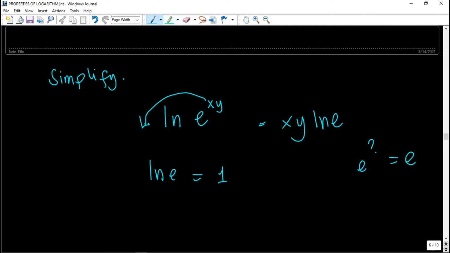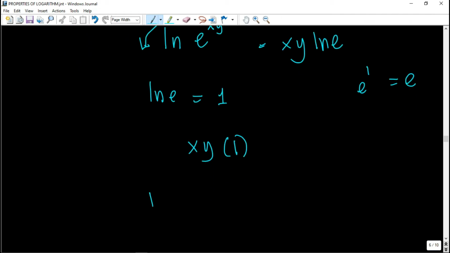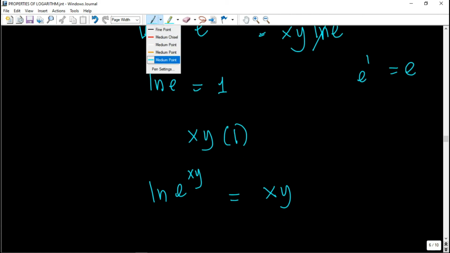Of course, that is 1. So therefore, ln e is just equal to 1. So xy times 1. Therefore, ln e raised to xy is just equal to xy, because the expression here is just 1. So this is the final answer for this problem.